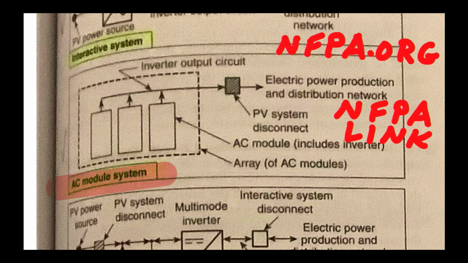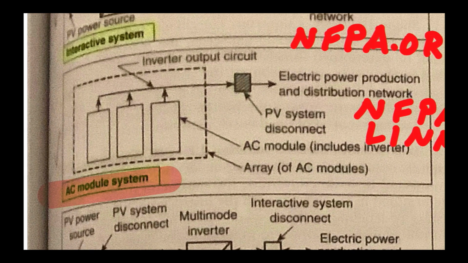All right, so we've identified that we're talking about the AC module system. And we can see here that we've got something called the array. That's the array of AC modules, and they're talking about this over here. That's within this box, and within that box we've got the AC module, which includes the inverter, and that is this over here.